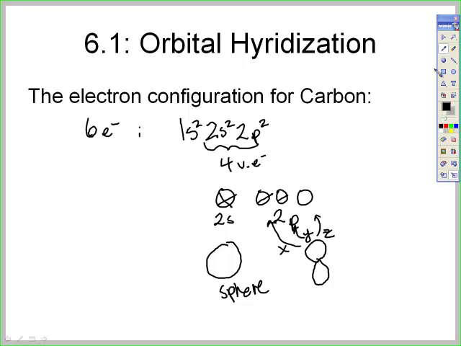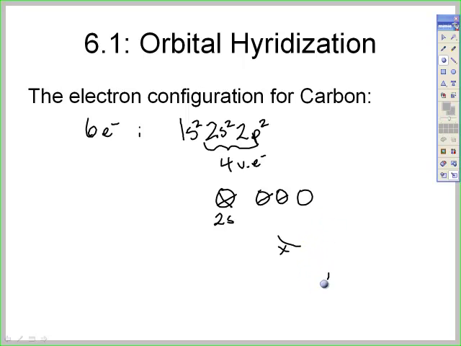All right, well, all that stuff that I told you about the orbital shapes for carbon is not entirely true. So for carbon, being the way that it is, with the 2 valence electrons in the p and the 2 valence electrons in the s, carbon does what we call orbital hybridization.